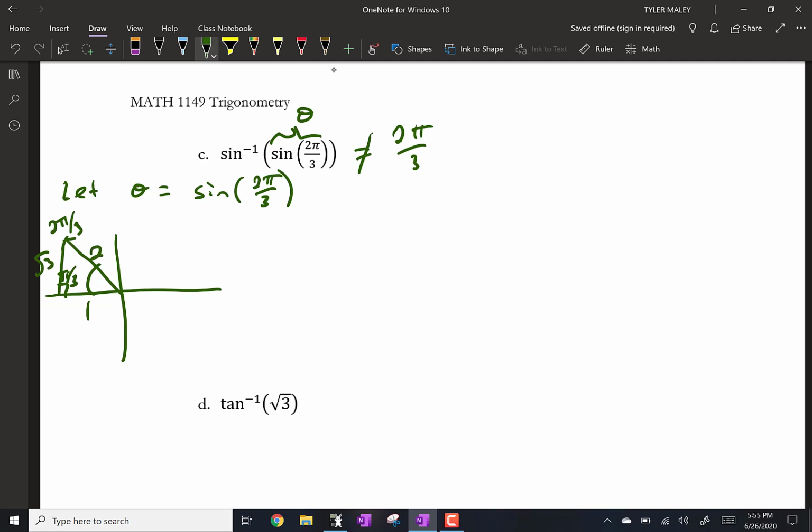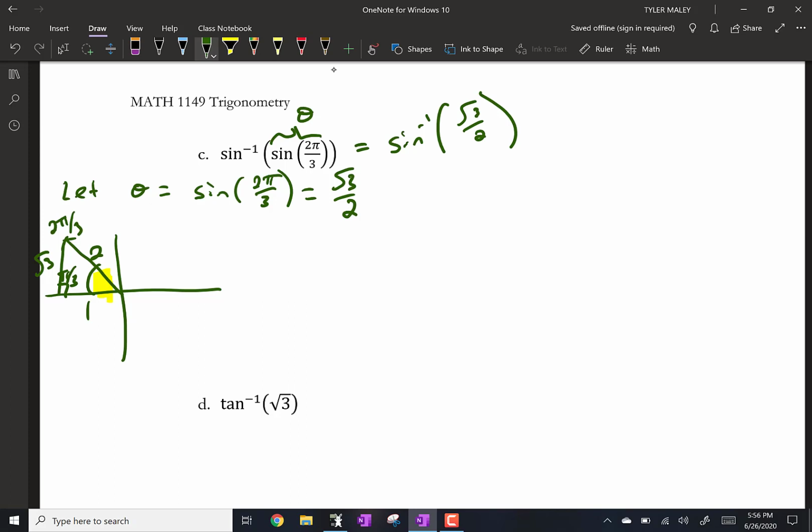So sine of 2π/3 is equal to the opposite over the hypotenuse. Here's theta right here. That'd be radical 3/2. So let me just erase this. This is going to be equal to inverse sine of radical 3/2.